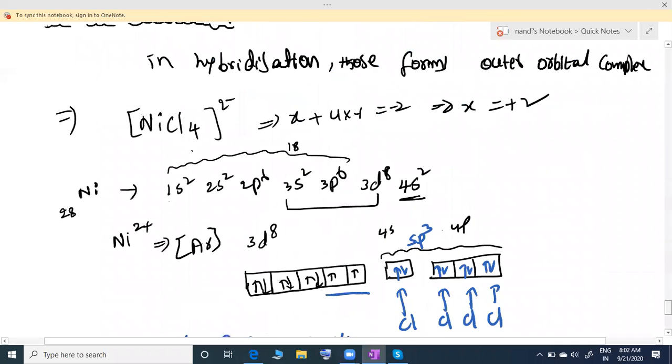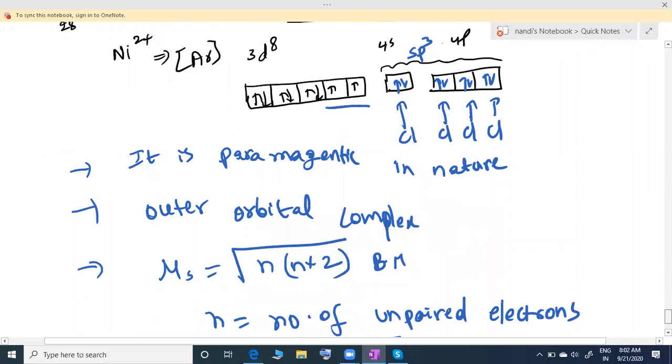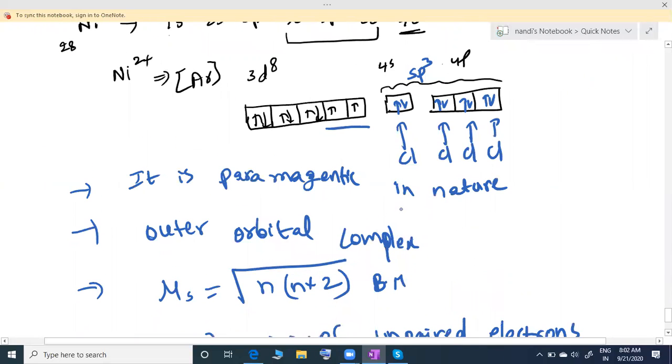So what we did here: for the given complex, first I found the oxidation state. Then I wrote the electron configuration of the metal, then the metal ion electronic configuration. After that I found which orbitals participate in the hybridization. After finding that, I can conclude whether an inner orbital or outer orbital is participating.